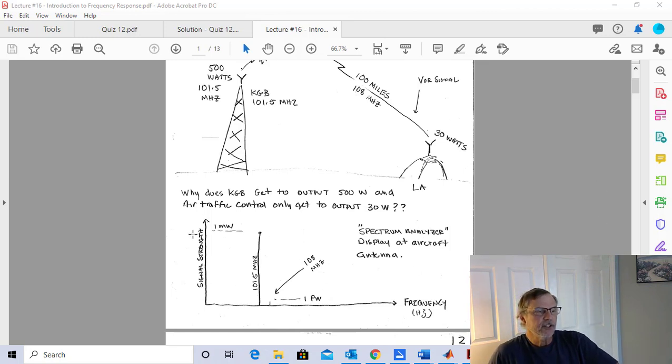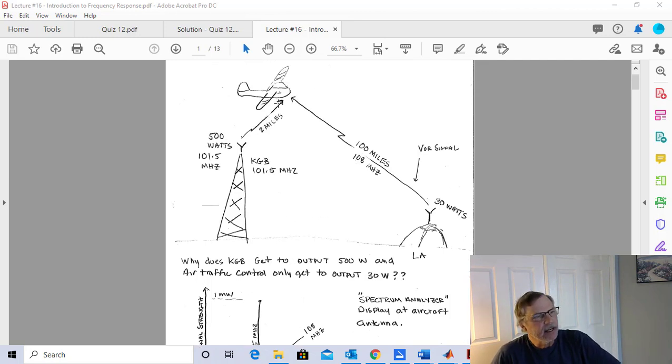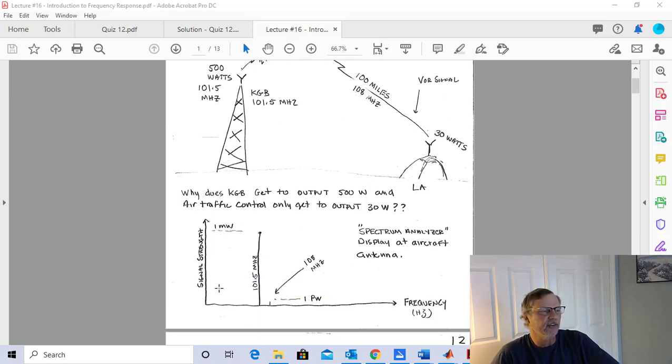So what the spectrum analyzer displays is what is there. And so I'm going to connect the spectrum analyzer up in the airplane. I'm going to put it in the back seat and somehow plug it in and connect it to the antenna connector on the airplane. And here's what I'm going to see. At 101.5 megahertz, I'm going to see a big old spike, and that is KGB.